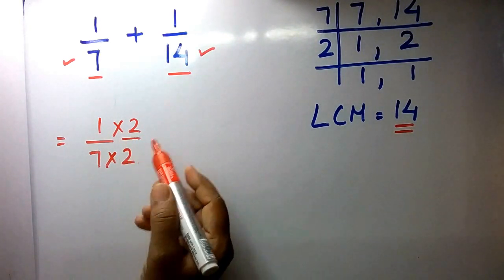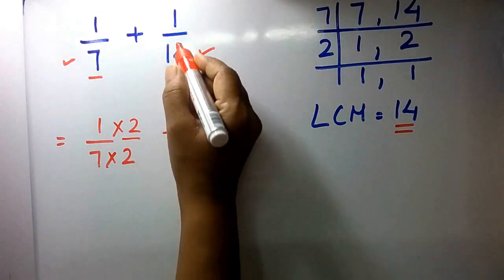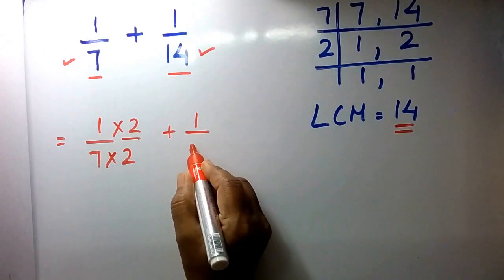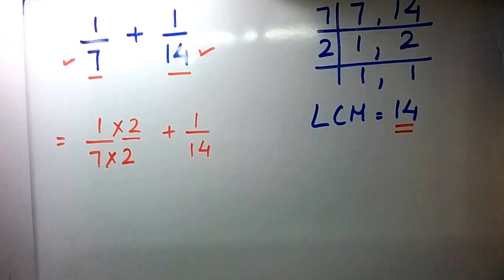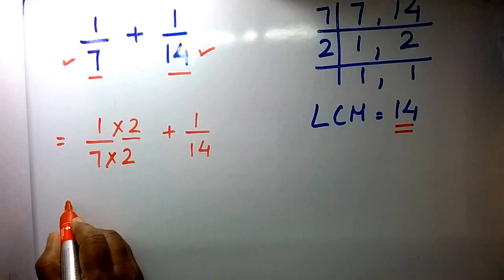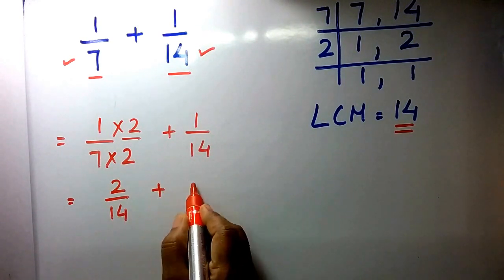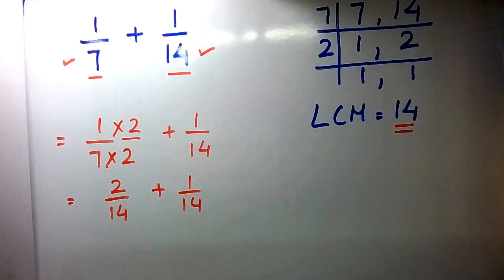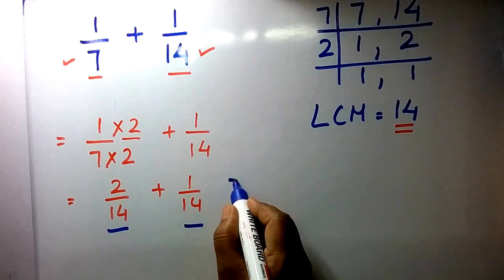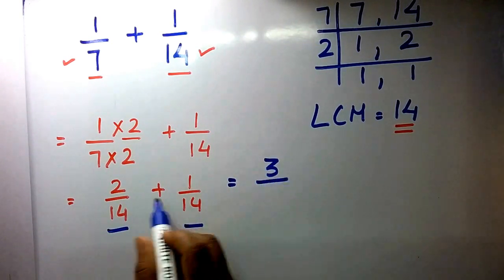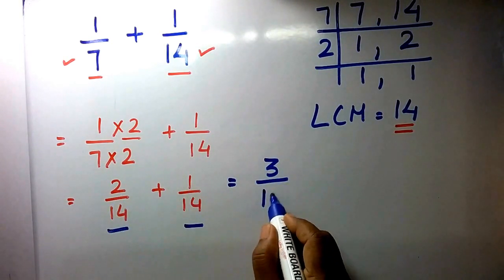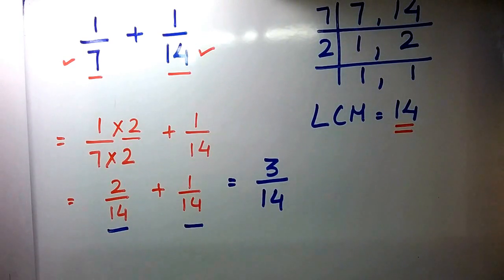So 7 twos are 14, and the other number we don't need to do anything to because it's already 14. So it becomes 2 upon 14 plus 1 upon 14. Now it's very easy. When the denominator is same, just add the numerators, that is 2 plus 1 is 3 upon 14. This is the way we do the addition of rational numbers.